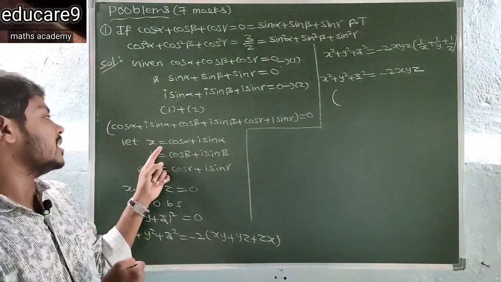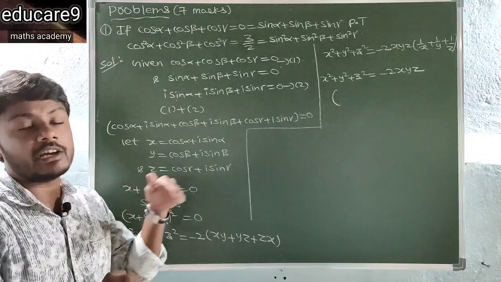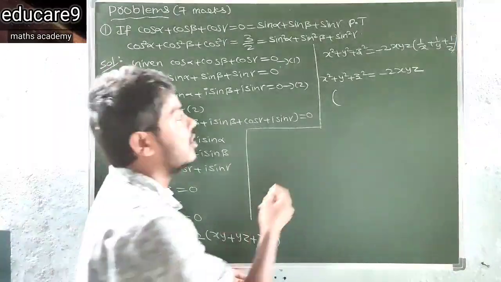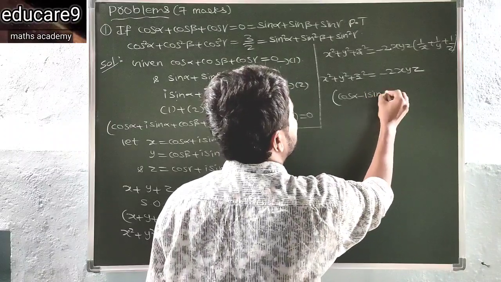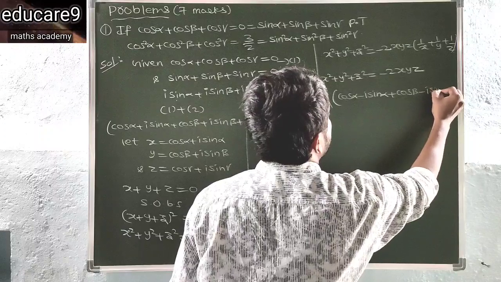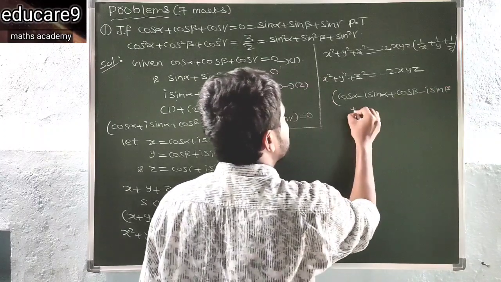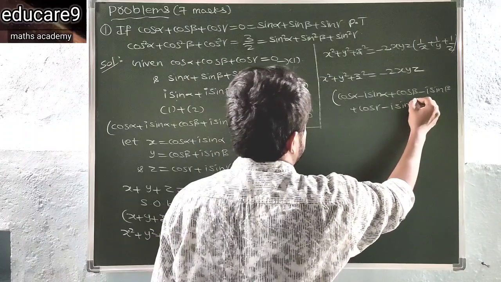Here x is equal to what? Cos alpha plus i sin alpha. Then clearly 1 by x is what? Cos alpha minus i sin alpha. So right here cos alpha minus i sin alpha, again cos beta minus i sin beta plus cos gamma minus i sin gamma.